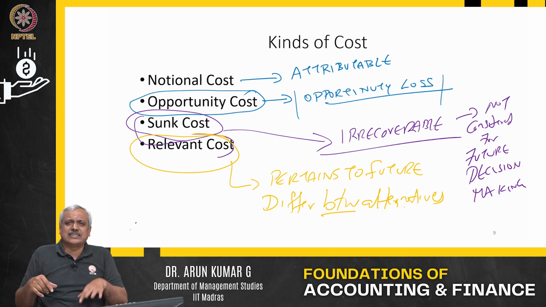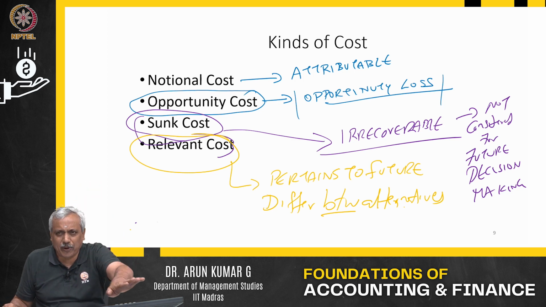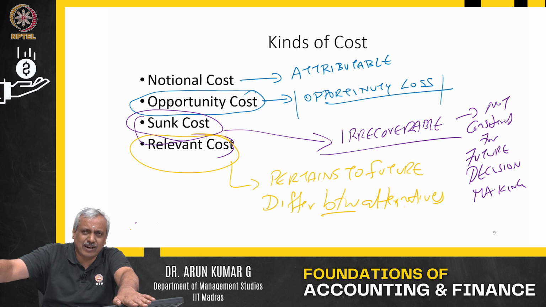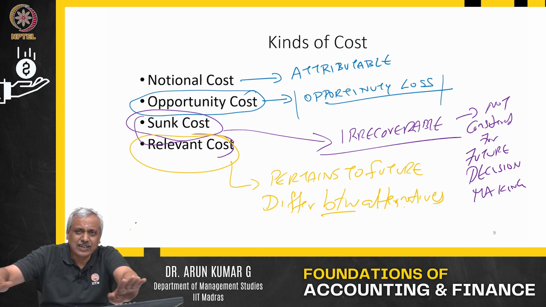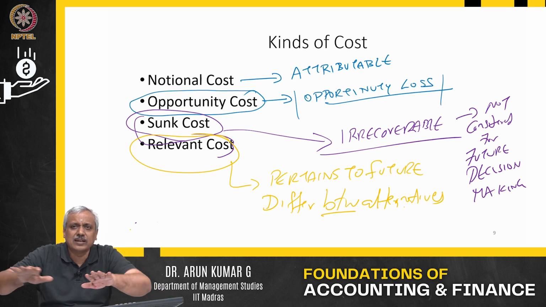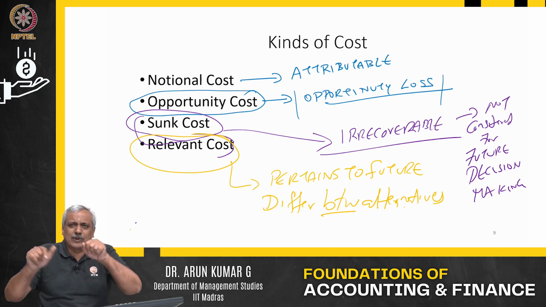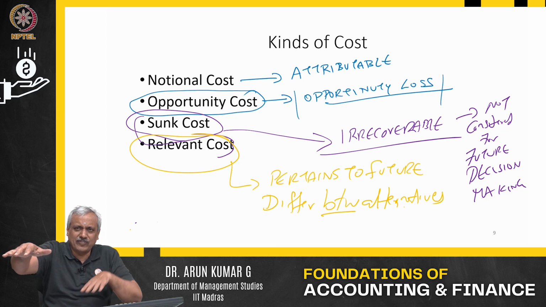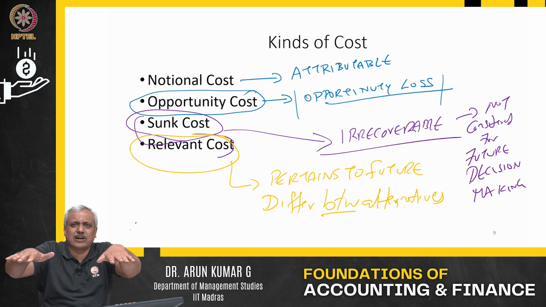If I continue in the same place, I am going to pay 17 lakhs more. If I choose the other place, I am going to pay 15 lakhs more. That is the future, and it differs between alternatives.